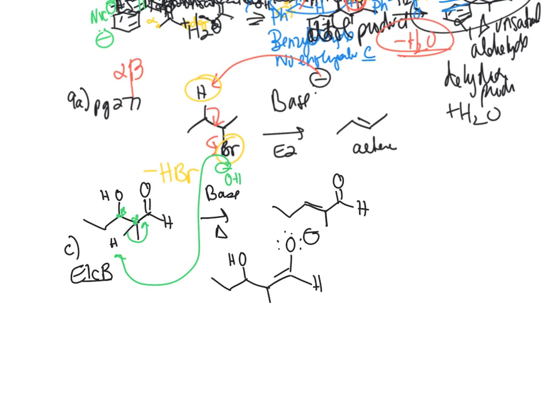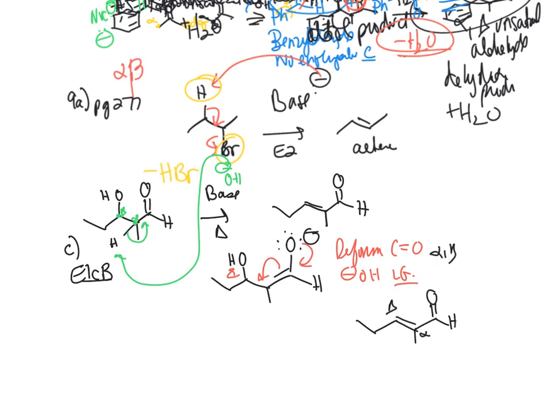Okay, now that then wants to reform the carbonyl. Those electrons kick over to make OH, which is normally a bad leaving group, into a leaving group. And so then that product becomes alpha beta unsaturated.